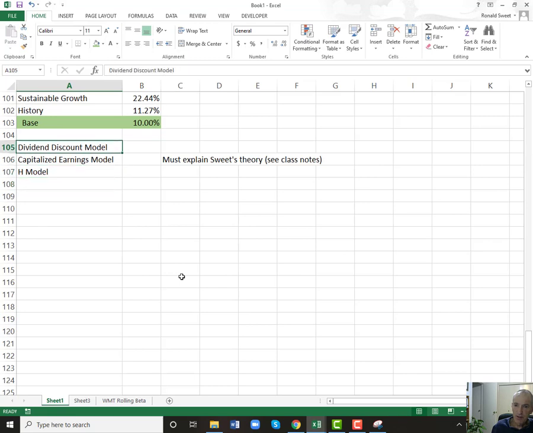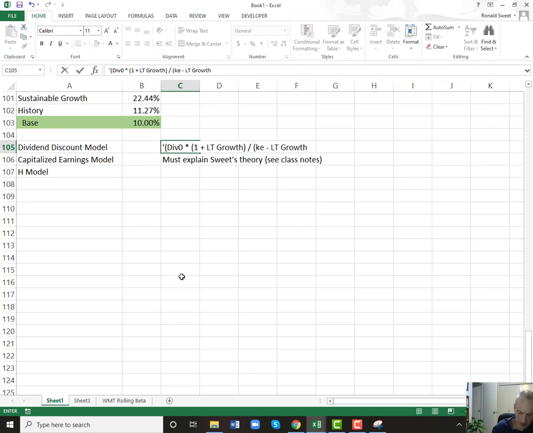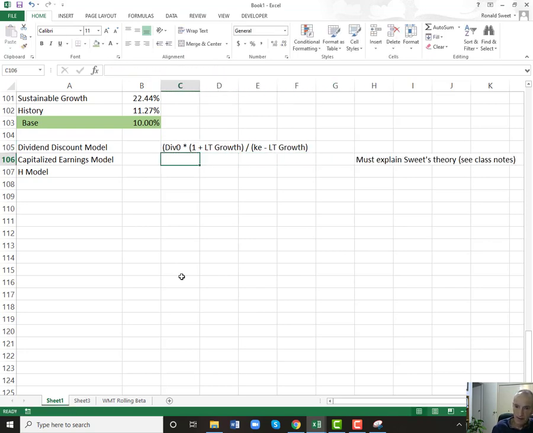So, dividend discount model. Remember here, we're going to take dividend 0 times 1 plus long-term growth divided by KE minus long-term growth. For the capitalized earnings model, we're going to do exactly the same thing, except instead of dividend 0, you use earnings per share 0, and instead of long-term growth, we're going to use inflation.